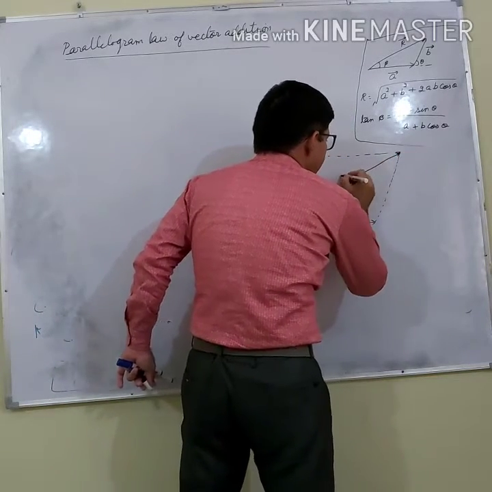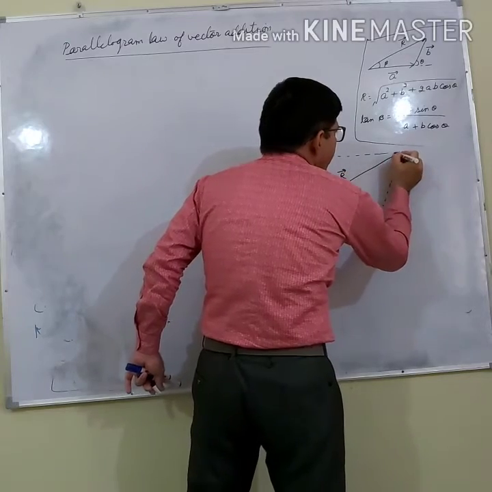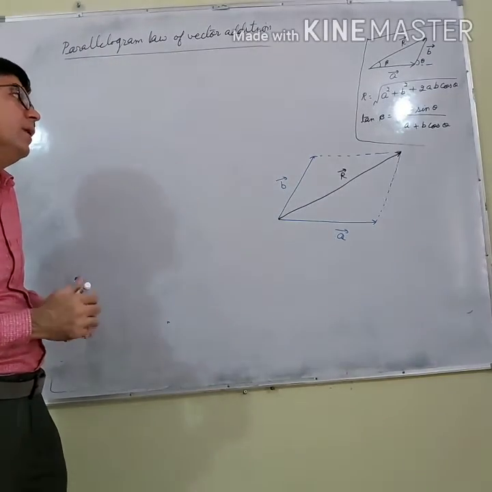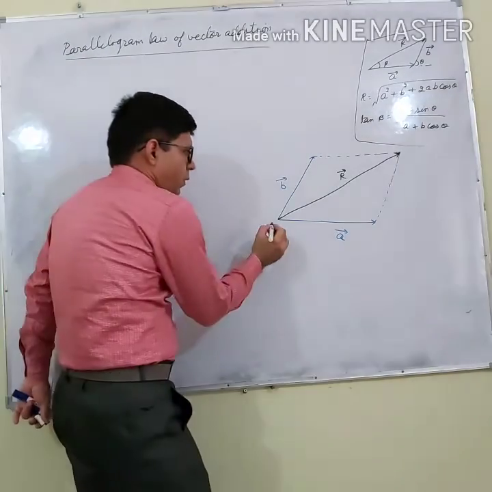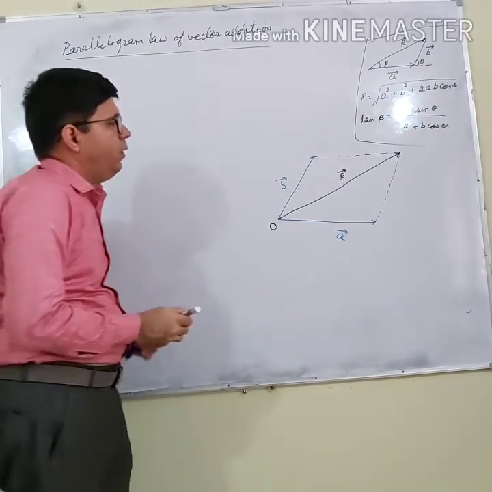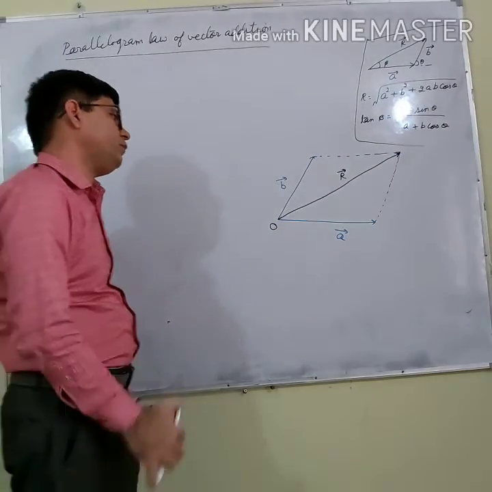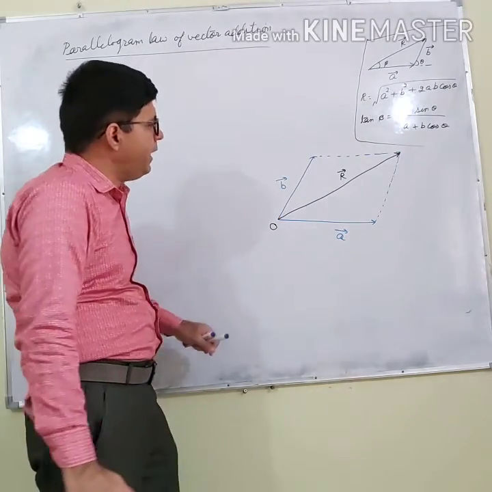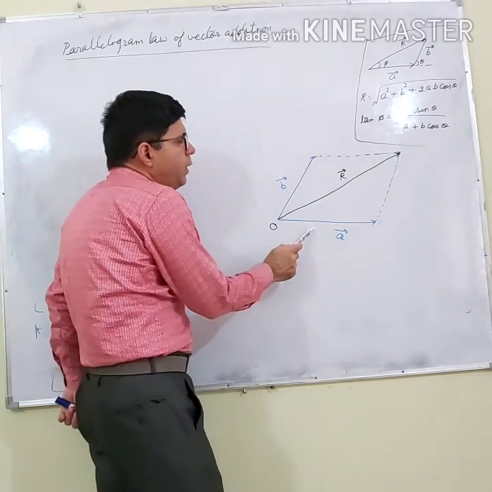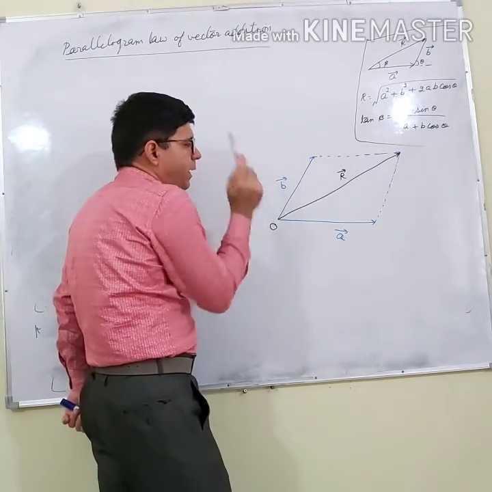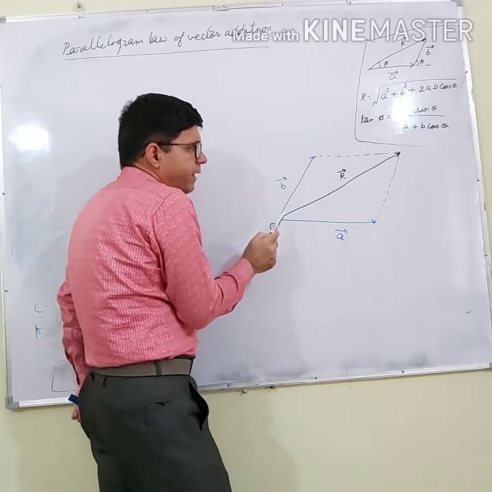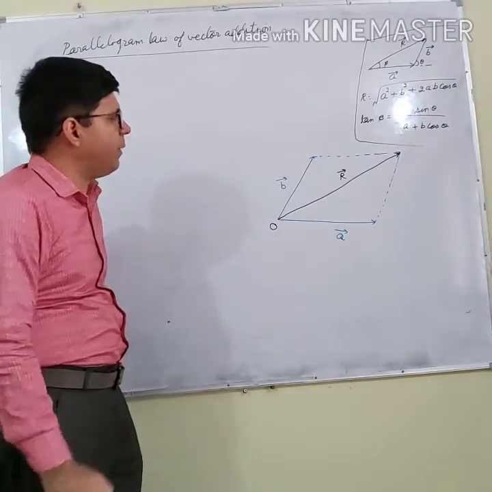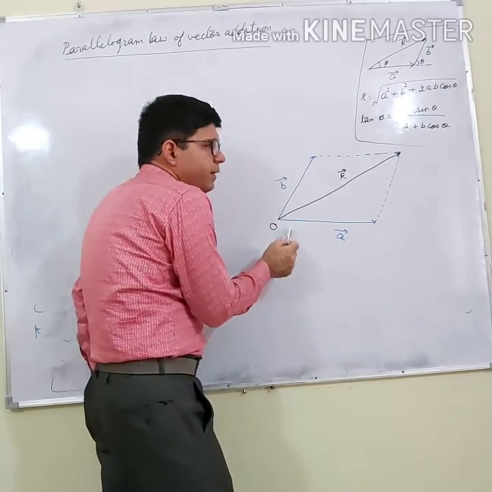So this R gives the resultant of vectors A and B drawn from the same point. I am repeating the definition once again. According to this law, if two vectors are acting on a particle at the same time and can be represented by two adjacent sides of a parallelogram drawn from a point, then the resultant is given by the diagonal of the parallelogram drawn from the same point.